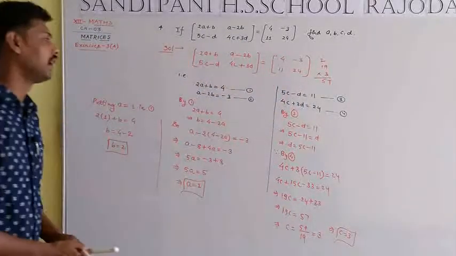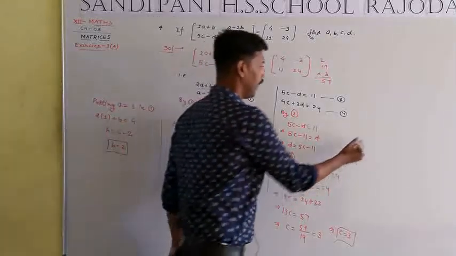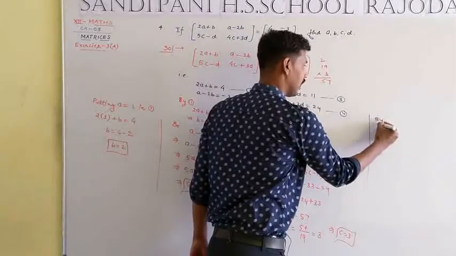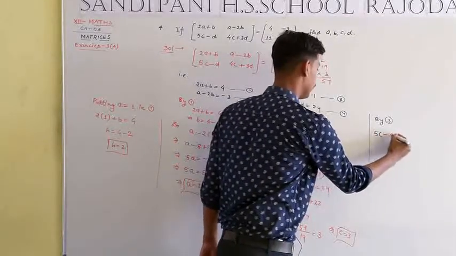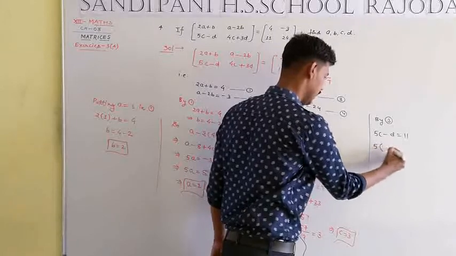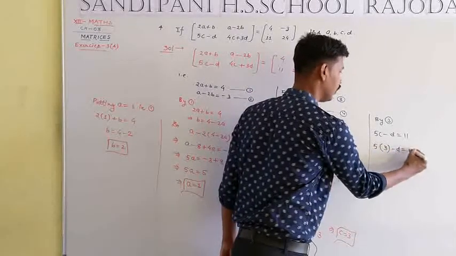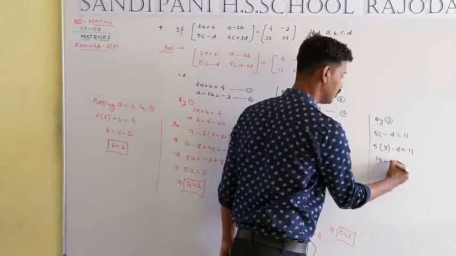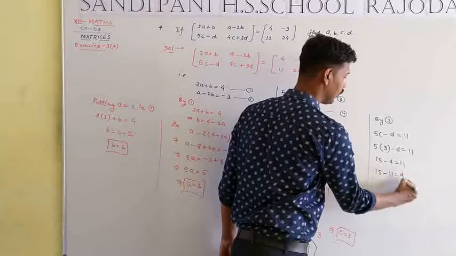Now we have to find out the value of d. Students, by use of equation number third, 5c minus d equal to 11. Where c is 3, 15 minus d equal to 11. 15 minus 11 equal to d.